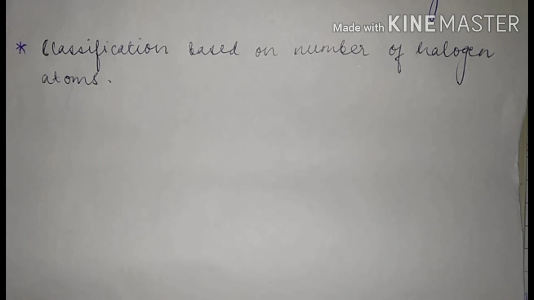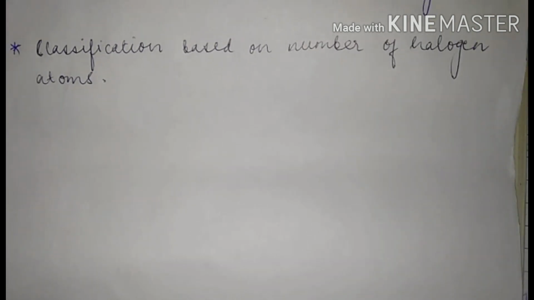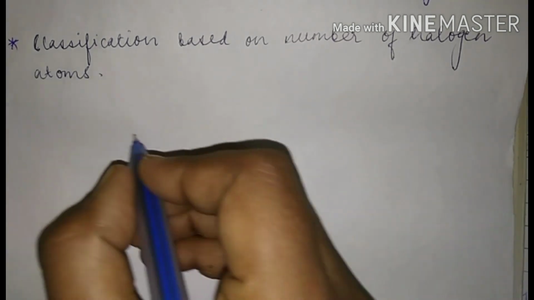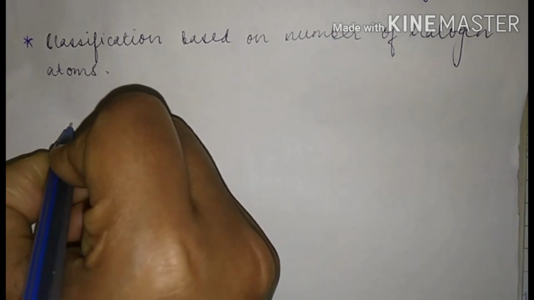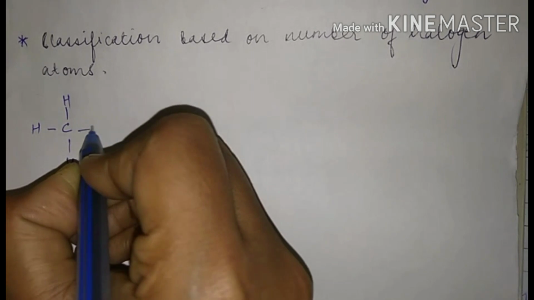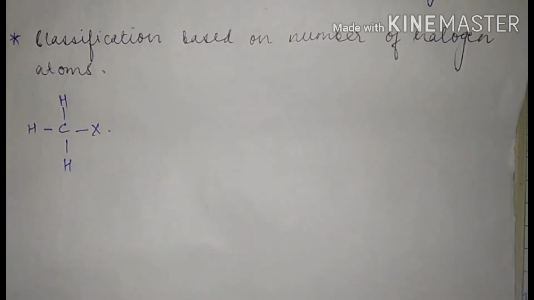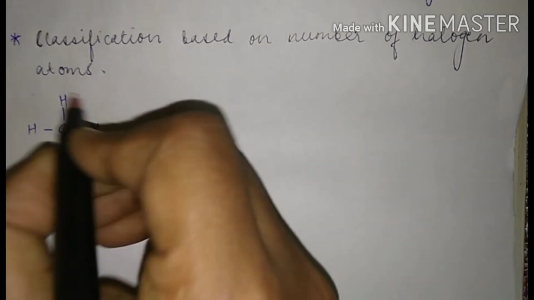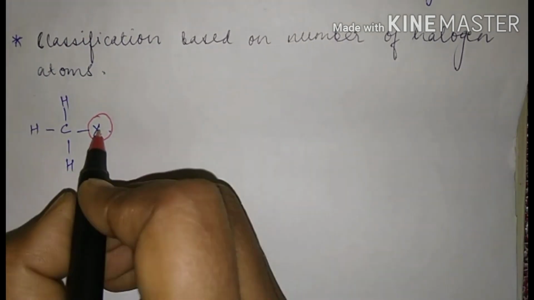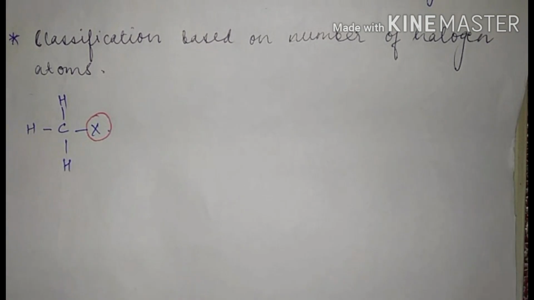So today we will classify the haloalkanes on the basis of the number of halogen atoms present in the molecule. They can be monohaloalkane, dihaloalkane, trihaloalkane, and also polyhaloalkane. If we consider this molecule, CH, H, H and X, here we will find that only one halogen is attached to this carbon.